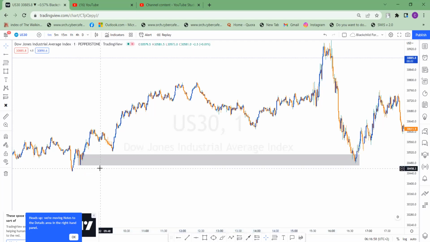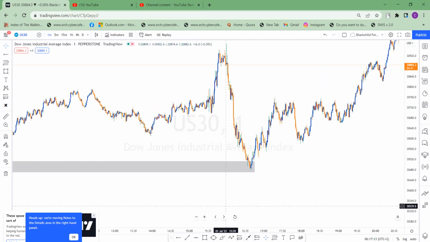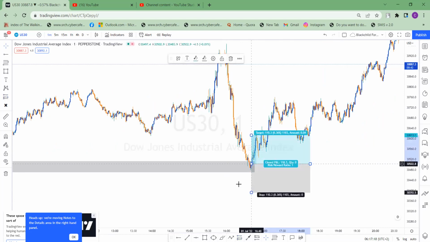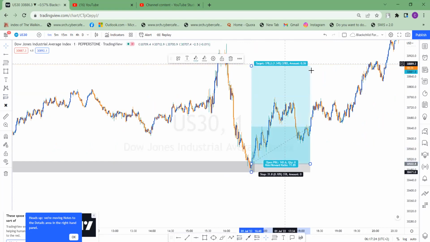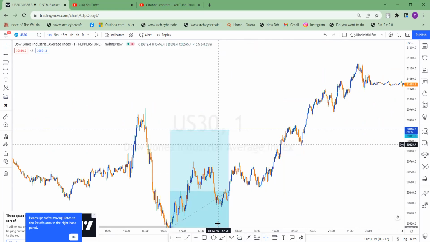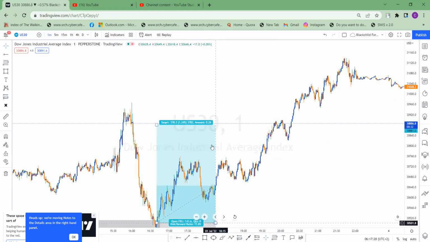So that's actually our perfect entry. We have actually defined our setup, and that's our point of interest where we're looking forward to take a trade. So if you come in with your buy here, and then you bring your stop loss somewhere there, you're going to see that you have a bigger RR in terms of maximum profit.